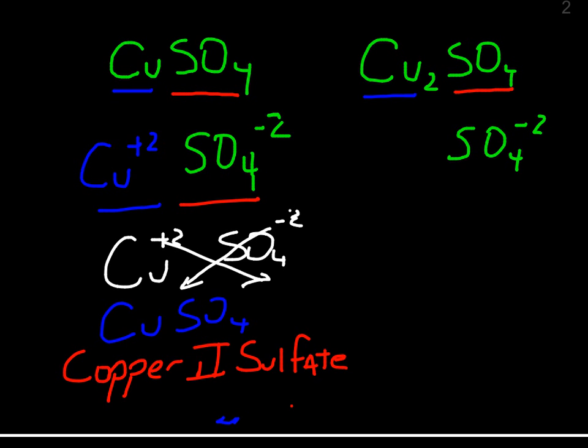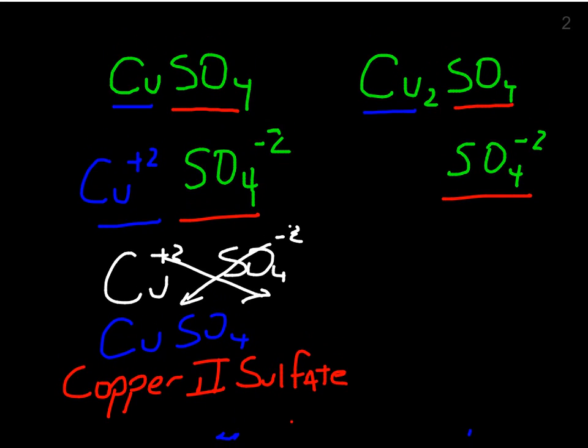Now over on the other side, if the sulfate is a -2 charge, and I happen to have 2 of them in that formula, this copper must be a +1 charge.